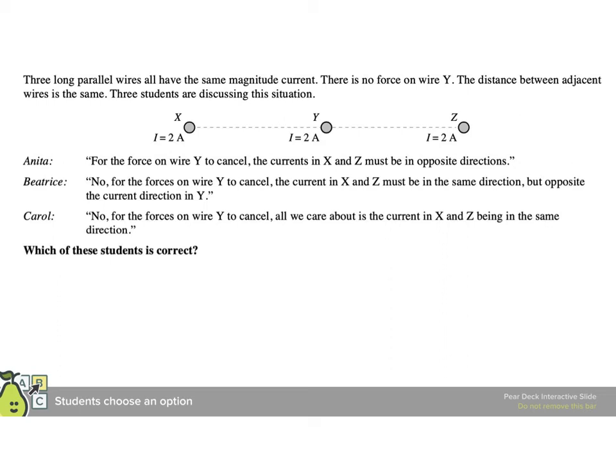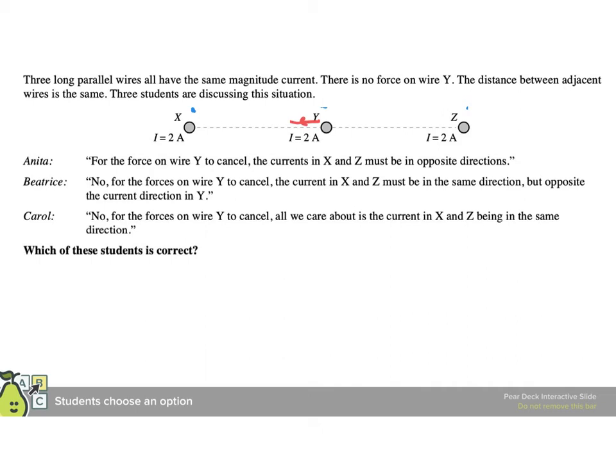Well, let's assume if X and Z were in opposite directions, then their effect on Y, let's say that X and Y are both out of the board. So out of the board, into the board. Then the effect on Y from X would be to be attracted, and the effect from Z would be to repel, and that force can't cancel out.